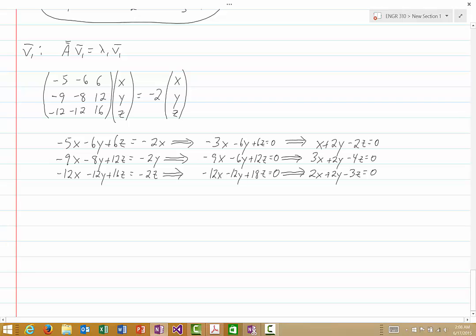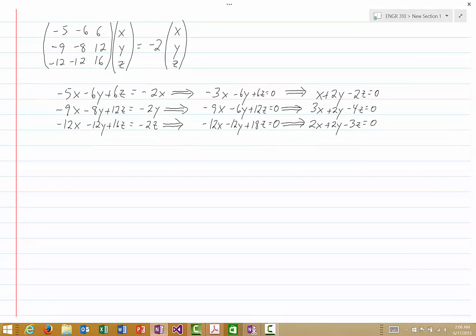I'm just trying to simplify as much as possible. And now I would go to Gauss elimination. So we have 1, 2, negative 2, 3, 2, negative 4, 2, 2, negative 3, 0, 0, 0.